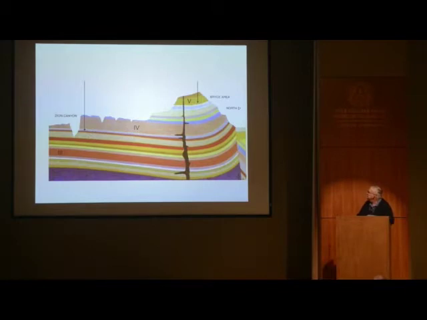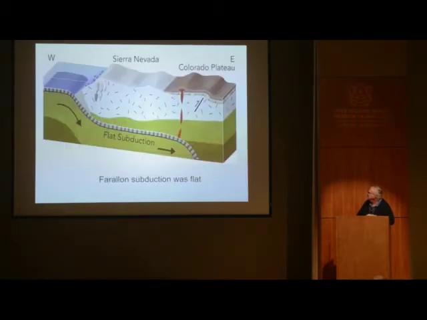Well, here you see it. That's all of this area. And of course, you have all the other layers as well. And so here's the diagram of it. The thing that's interesting about this particular event is that this plate has remained fairly flat for a long distance.